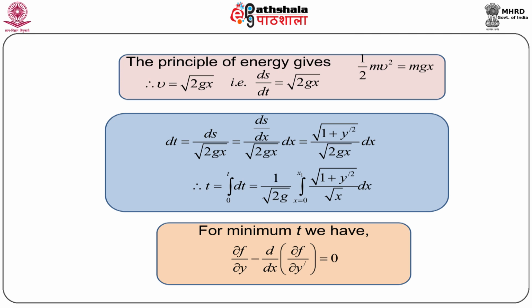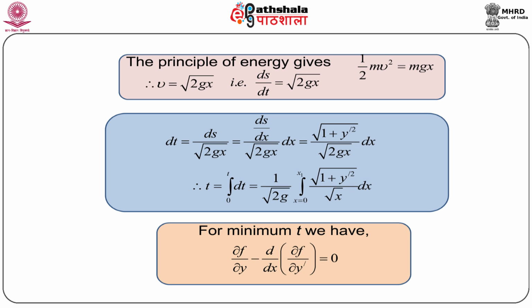If we write this as this, then we get into dx. Since ds/dx is given by this one, we replace this portion by this and get this result. Now, integrating this relation, we get t. Please note that we are integrating from 0 to t. This corresponds to x equal to 0 to x1.